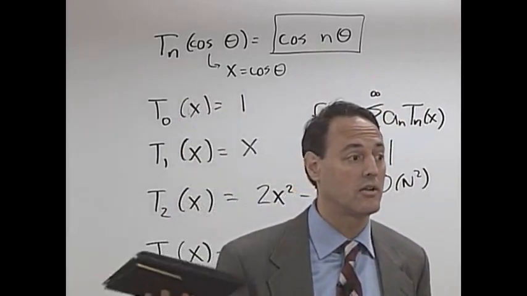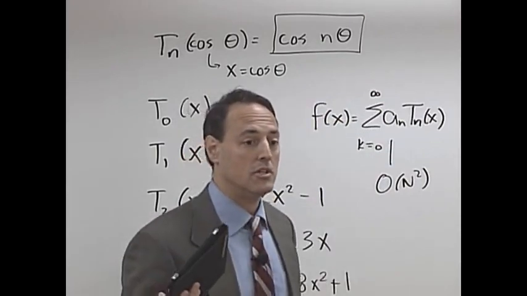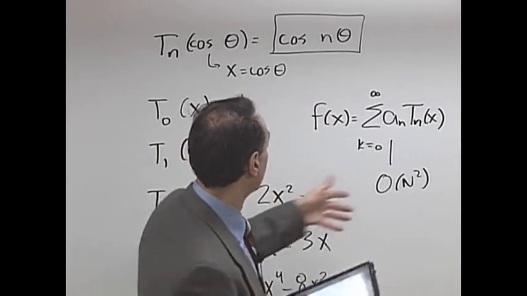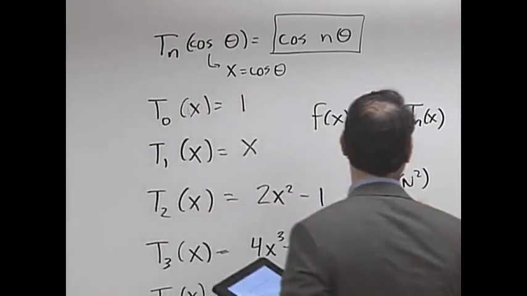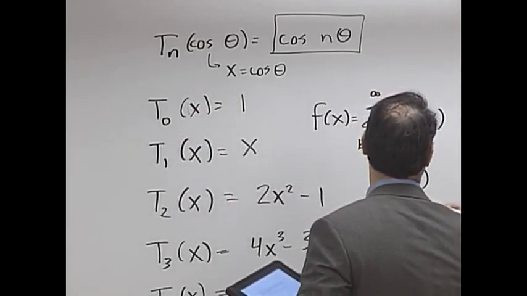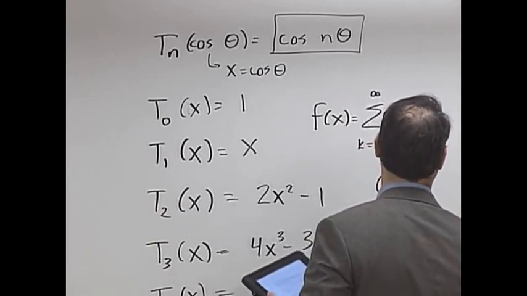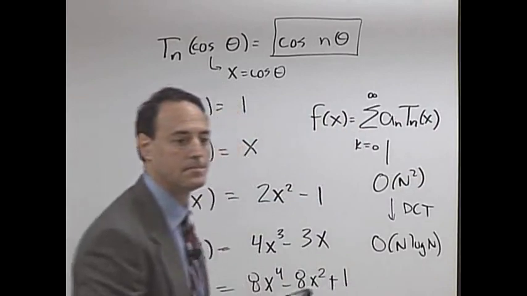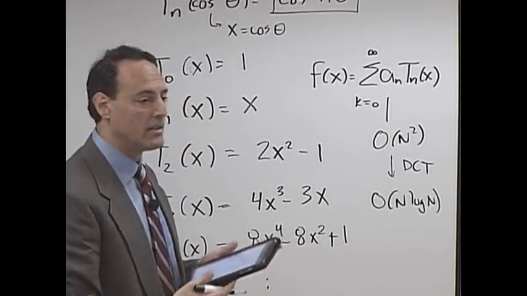And how quickly can I compute that cosine transform? N log n. So in other words, you actually don't do order n squared because of this connection to the DCT, this discrete cosine transform. You can get the calculation then down to n log n. Okay? That's the big deal.